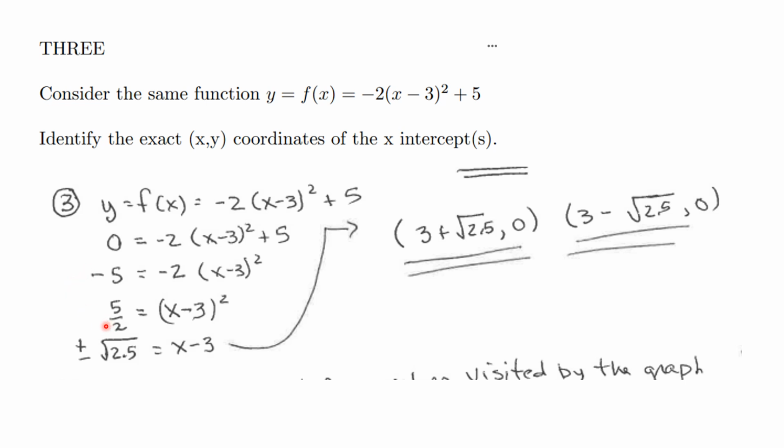We get 5 over 2, or 2.5, is equal to x minus 3 whole squared. We take the square root of both sides. This side is plus or minus the square root of 2.5, and this is x minus 3. And so you add 3, and so you get x is equal to 3 plus the square root of 2.5, comma 0, or 3 minus the square root of 2.5, comma 0.